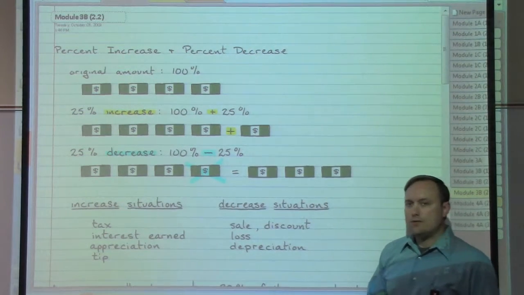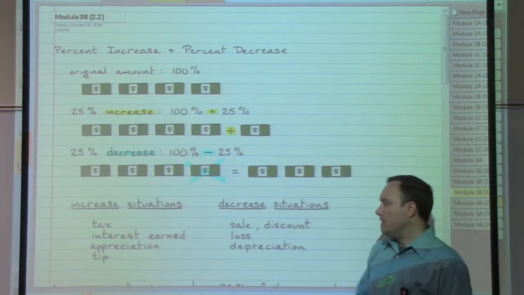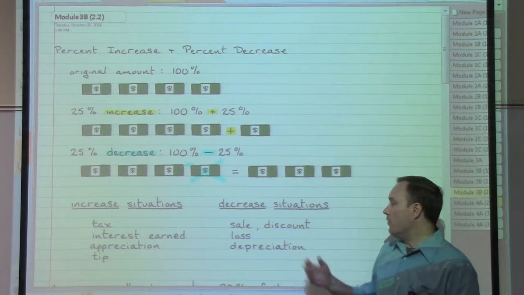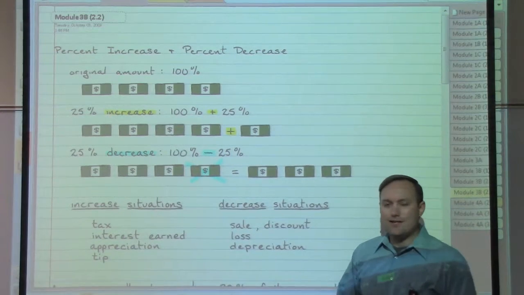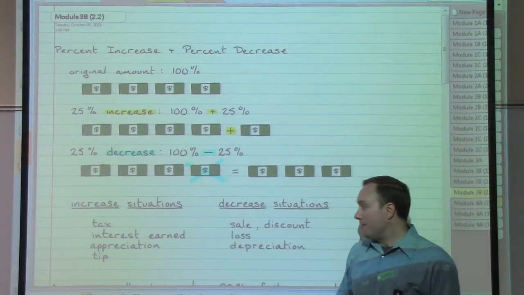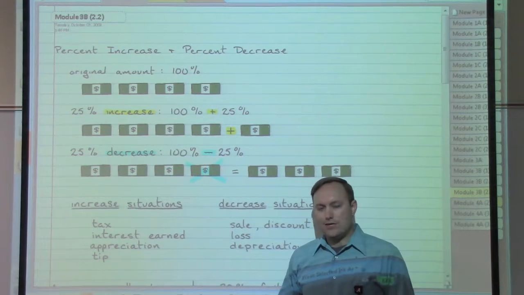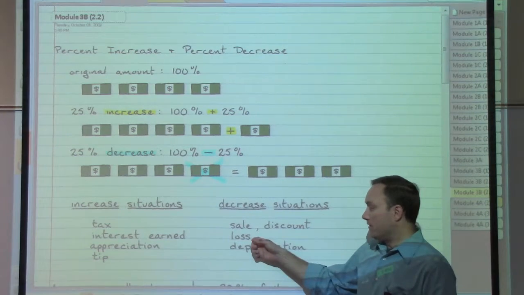Decrease situations: sale or discount, kind of interchangeable. So if you go out and you buy a pair of shoes that are on sale, or you go to a discount store. Loss, if something is affected so that the value is decreased because of a loss, or damage.